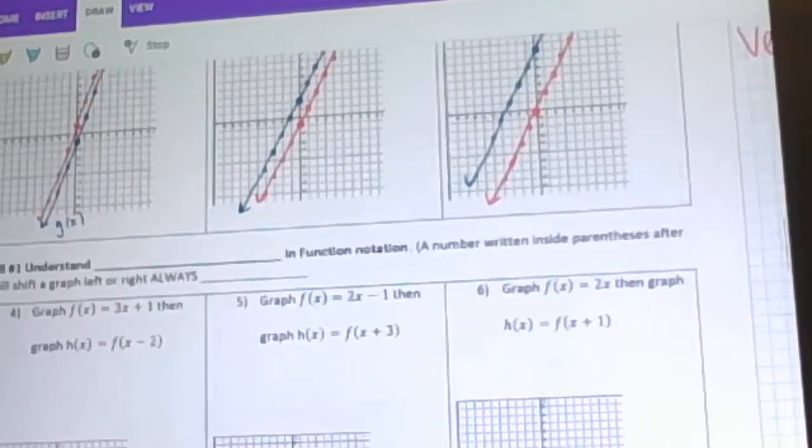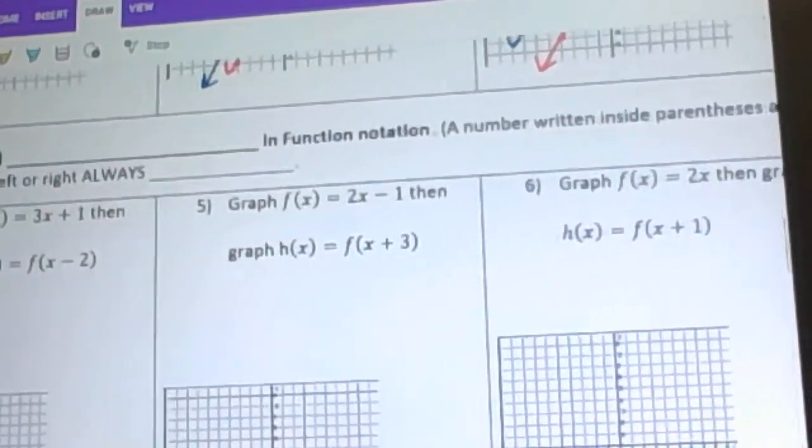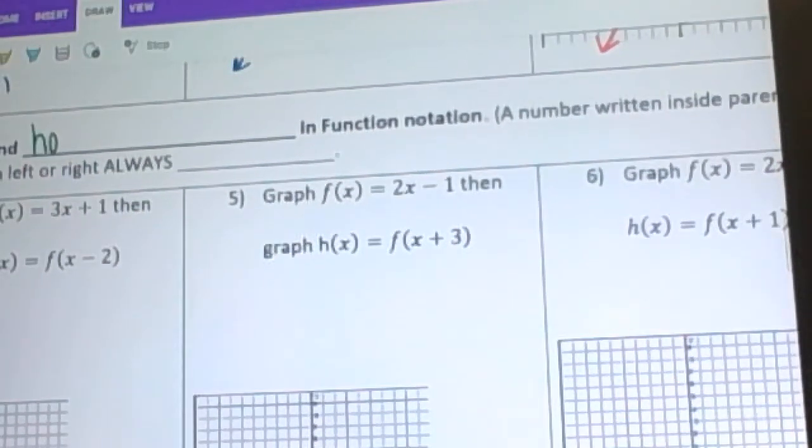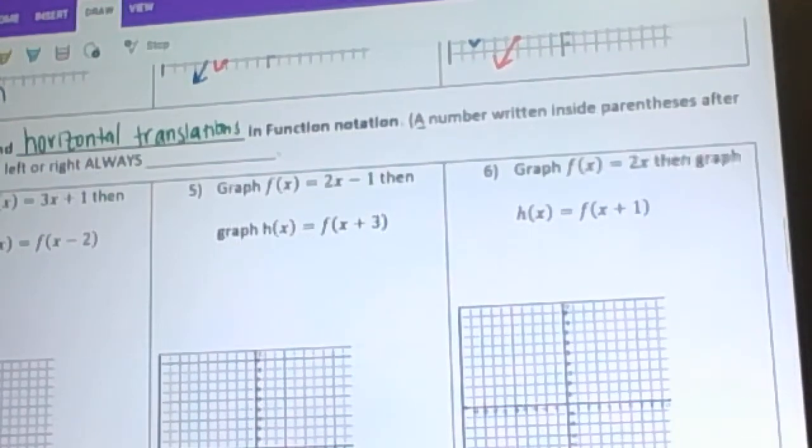Okay, next is horizontal. So our next section is to understand horizontal translations. And so this time, the number is written inside the parentheses.